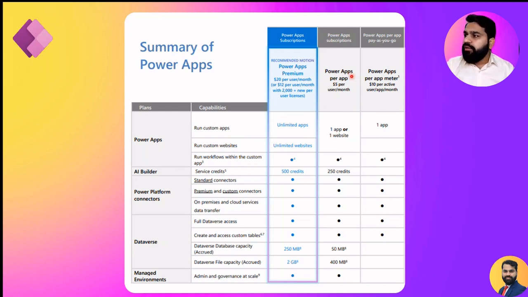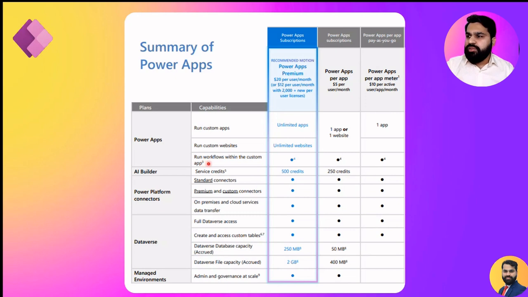When we talk about Power Apps per app licenses, what capabilities does this provide? The users will be able to access either one Power Apps application or one Power Pages website, not both. So there is a choice of one.